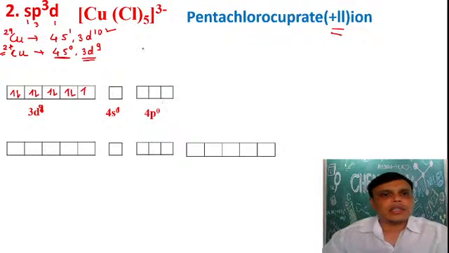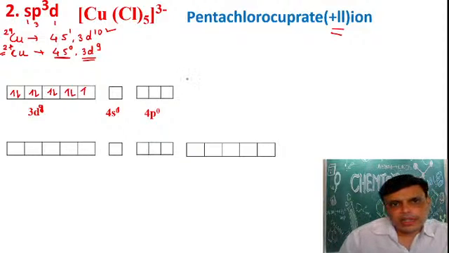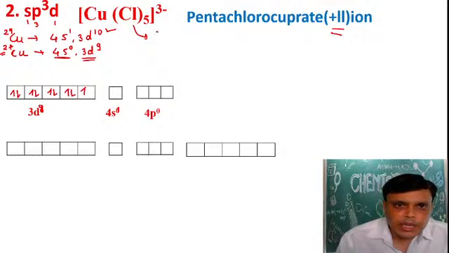Now see here, copper is the central metal atom and chloride is a ligand. Which kind of ligand is chloride? Is it a strong ligand, weak ligand, or average ligand? Tell me.